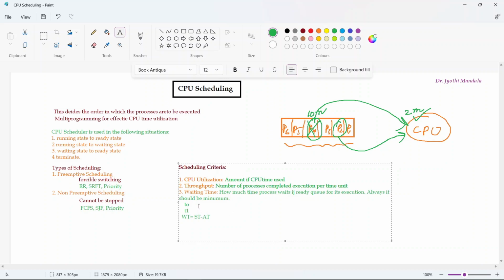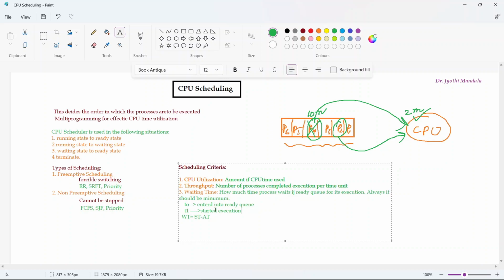Understood? T0 is the time at which it has entered into the ready queue. T1 is the time at which it started its execution. What do you mean by started execution? Started execution is nothing but it got a chance to be executed by the CPU.